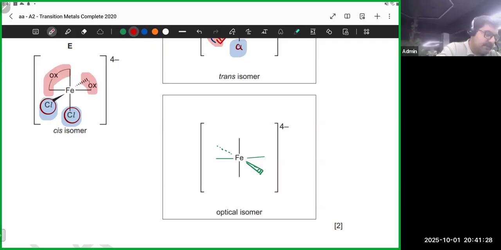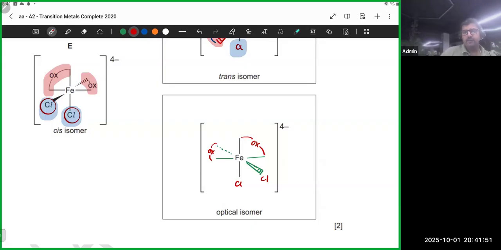So the Cls are going to be over here and over here, right? So that's mirrored. The ox, which was on the right side, will go over here, and this ox over here, which was on the left side over there, will be on the right side.